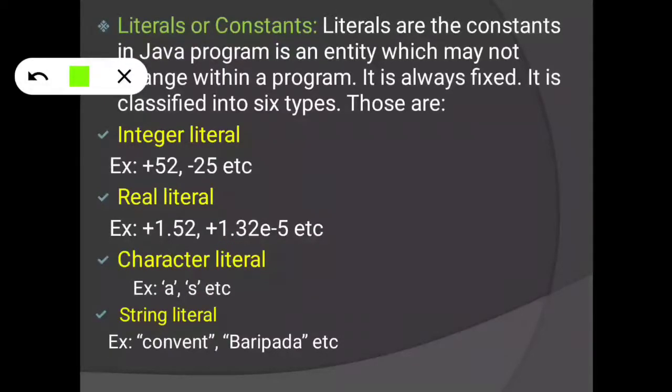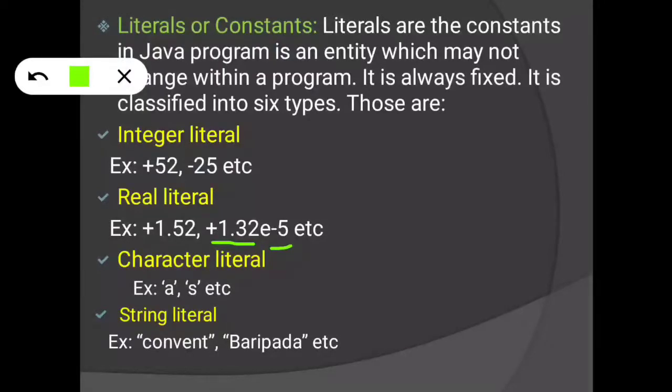Like fractional form, it is also classified into two parts, and this classification is done through e. Here 1.32 is one part, -5 is another part.